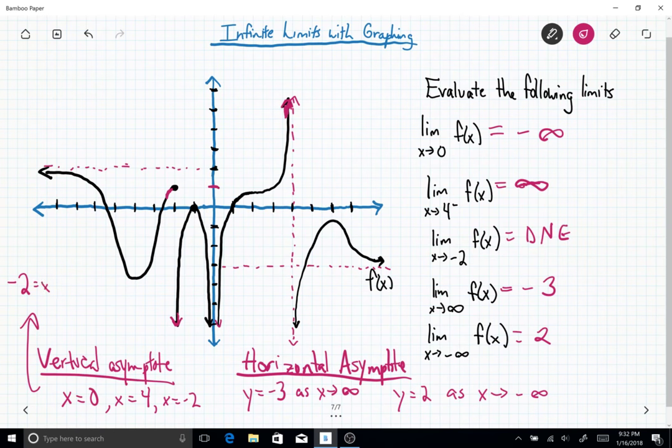So x equals negative 2. Then the second is x equals 0. And then the third is x equals 4. And so in the second one, we would do the same thing, y equals negative 3, and then increasing to y equals 2. Okay, so it seems like you got it. Any more questions in terms of what's going on?